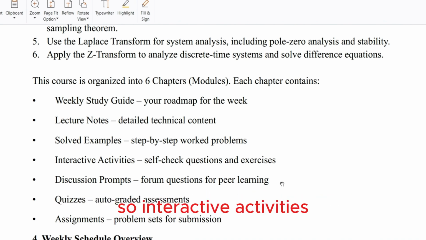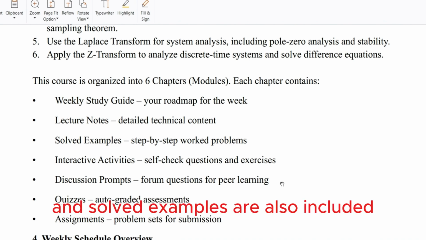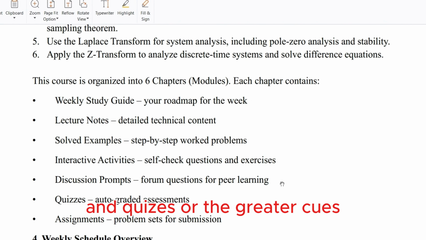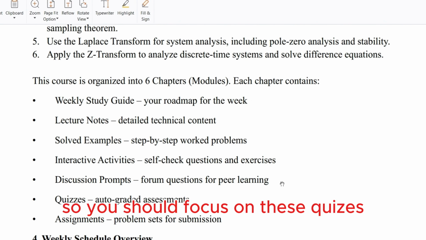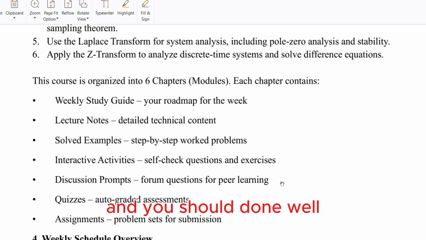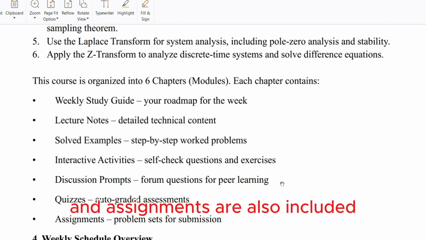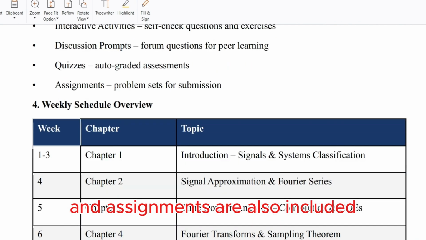Interactive activities and solved examples are also included. Discussion points for each chapter are also included, and auto-graded quizzes. You should focus on these quizzes and do well on all the quizzes included in the course, and assignments are also included.